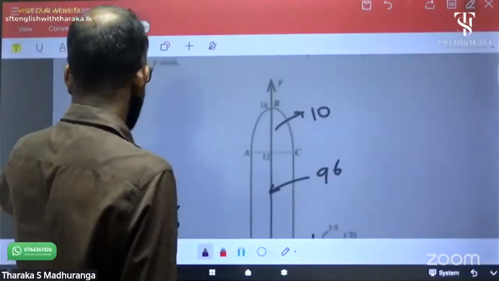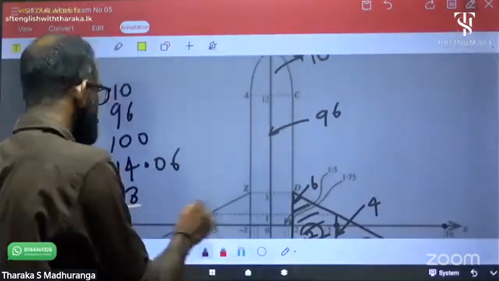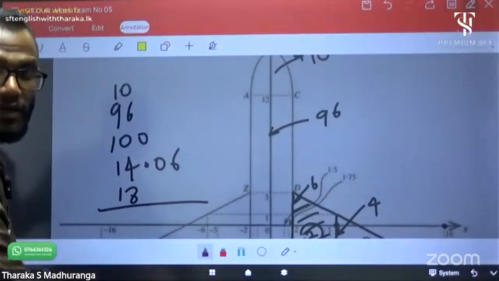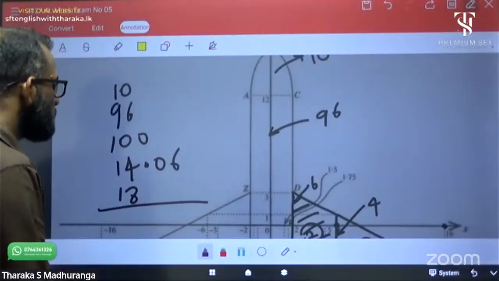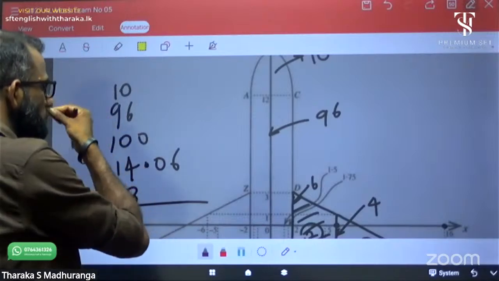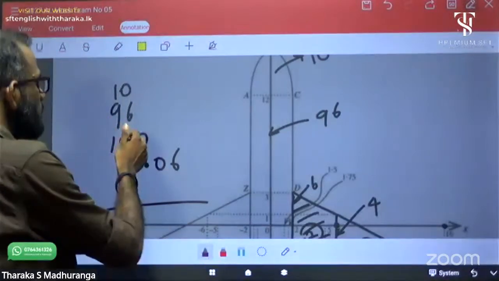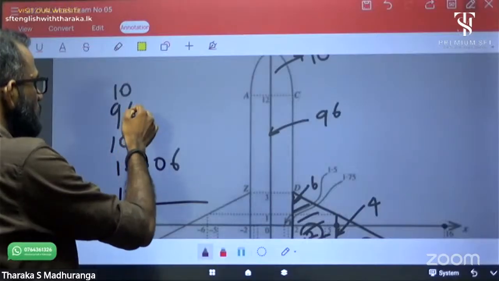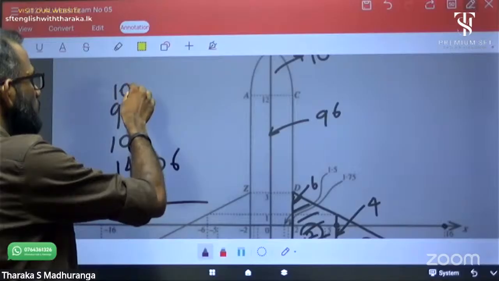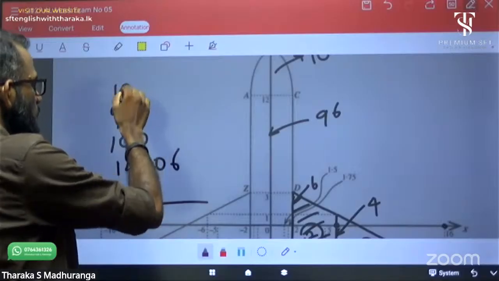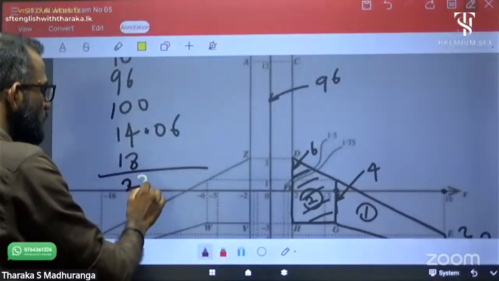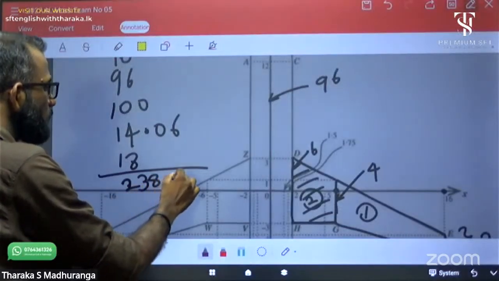The base part is 80. Now you can get the summation of all areas. This is the full area of the diagram. What's the value? 100, 210, 220, 238, right? 238.06.